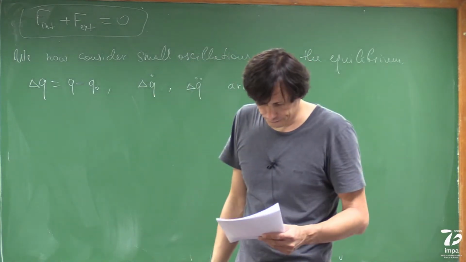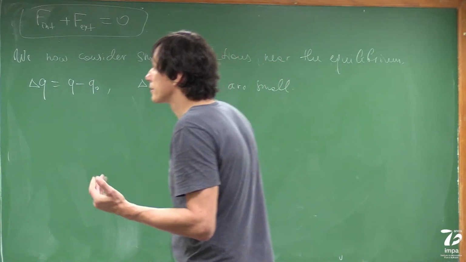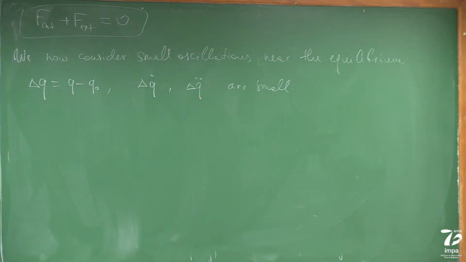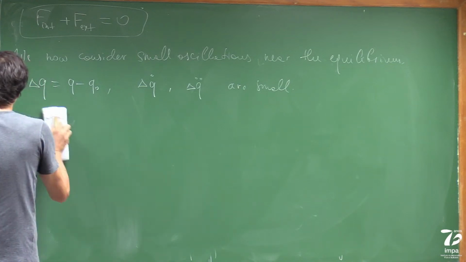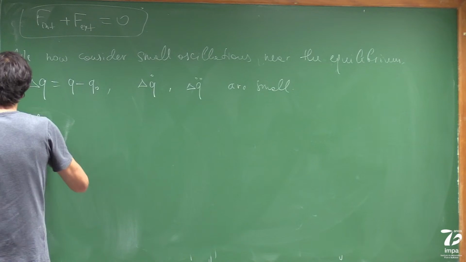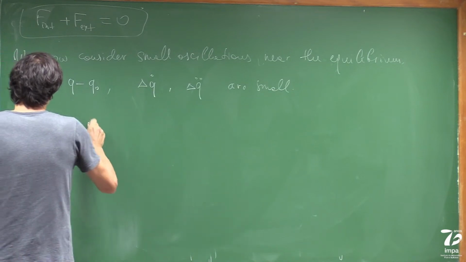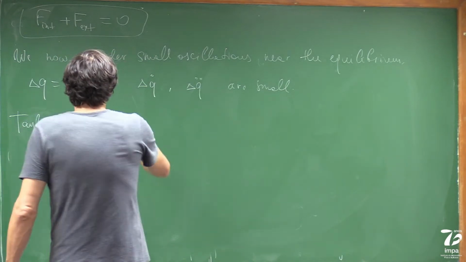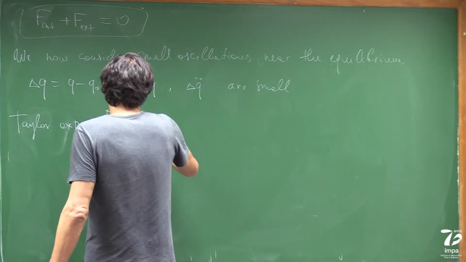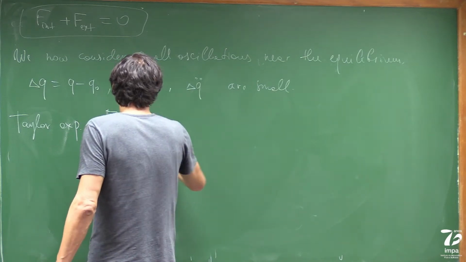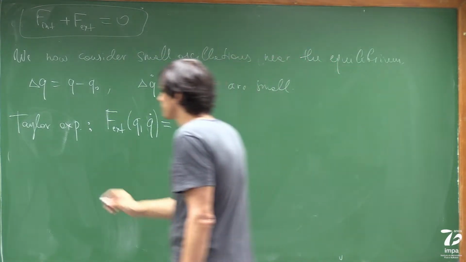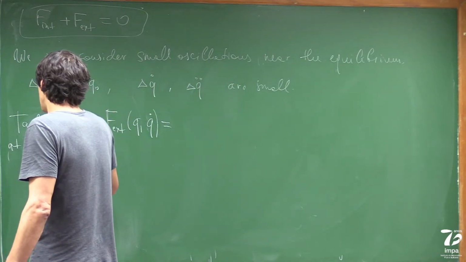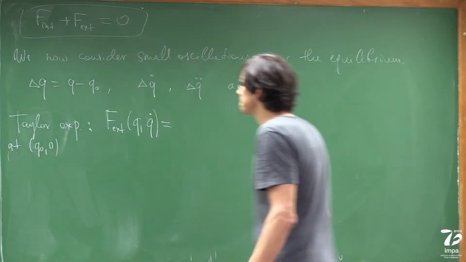And since they're small, we can again use the Taylor expansion. We already did the Taylor expansion for this part, so now we need the Taylor expansion for the external force. We'll take the external force and Taylor expand it around the equilibrium, at the equilibrium position and zero velocity.